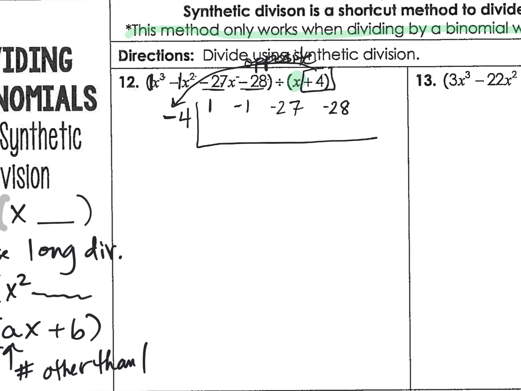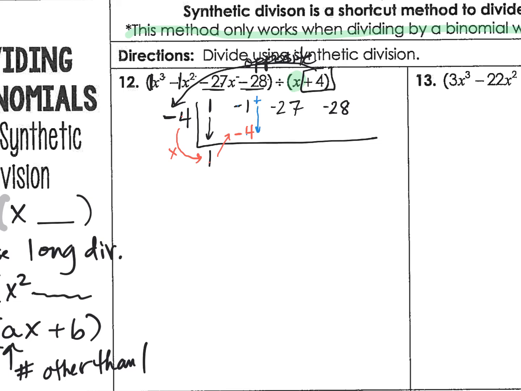So now here's how synthetic division works. This first number always comes down. Boom. Now we multiply: negative 4 times 1 will go right here. And then we add straight down.